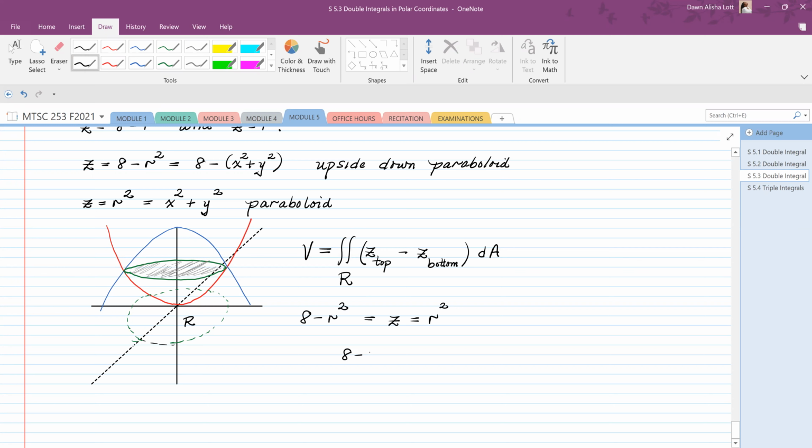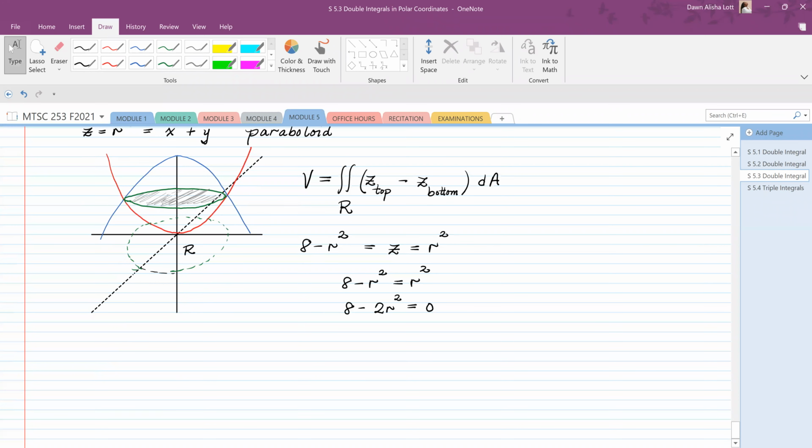When I take 8 minus r squared and set it equal to r squared, I get 8 minus 2r squared is 0, or r squared is equal to 4. So r is equal to 2. So that's the circle of radius 2. And I want the whole circle, so 0 is less than or equal to theta, which is less than or equal to 2 pi.